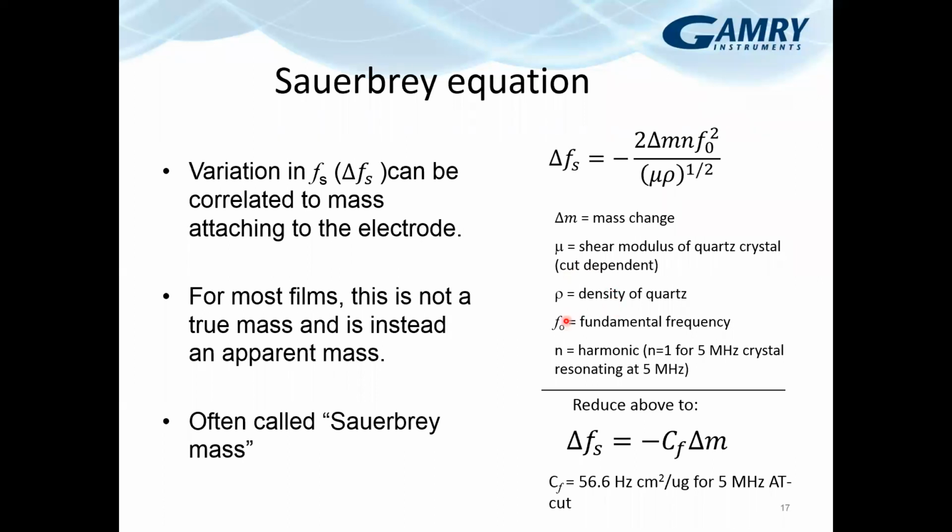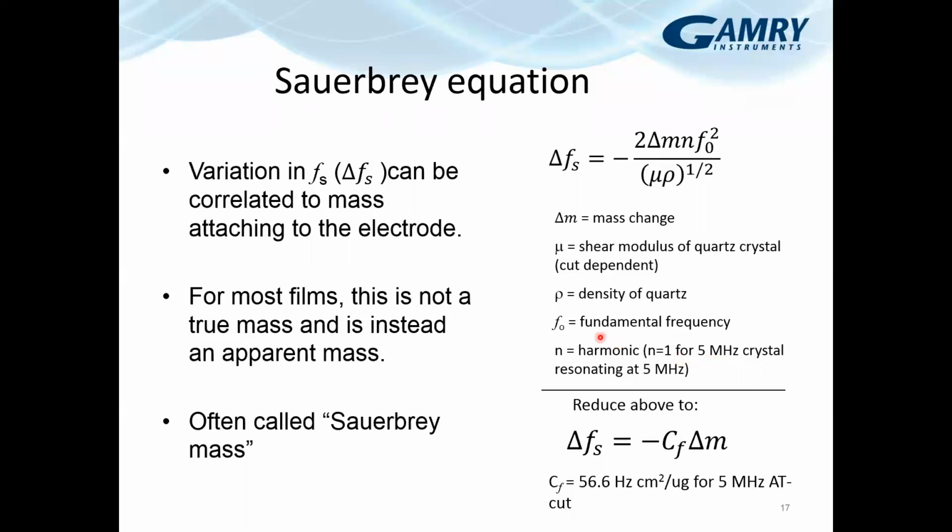And F naught, the fundamental frequency. Again, this is a property of the crystal. And N, if you don't know harmonics, it's okay. We're talking about the fundamental, so N is 1, or essentially you're driving the crystal at its fundamental frequency. So in this case, a 5 megahertz crystal.